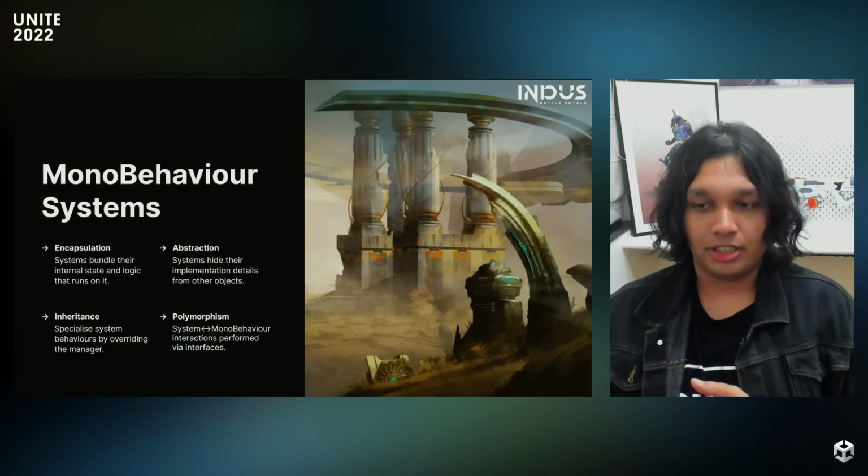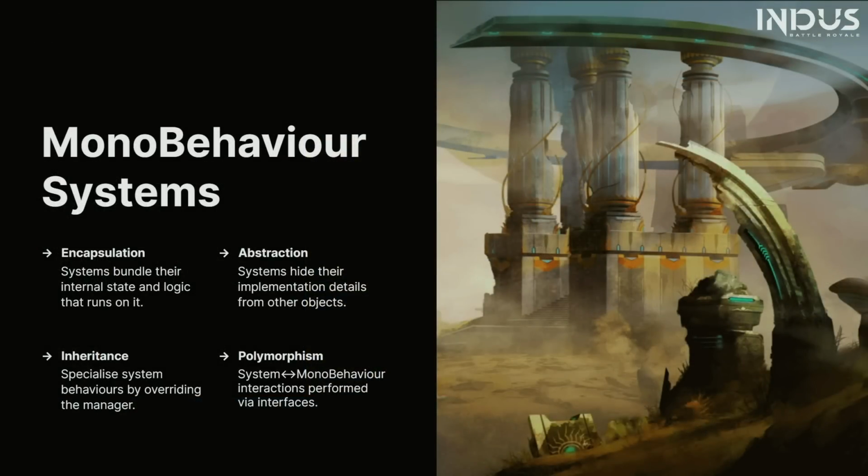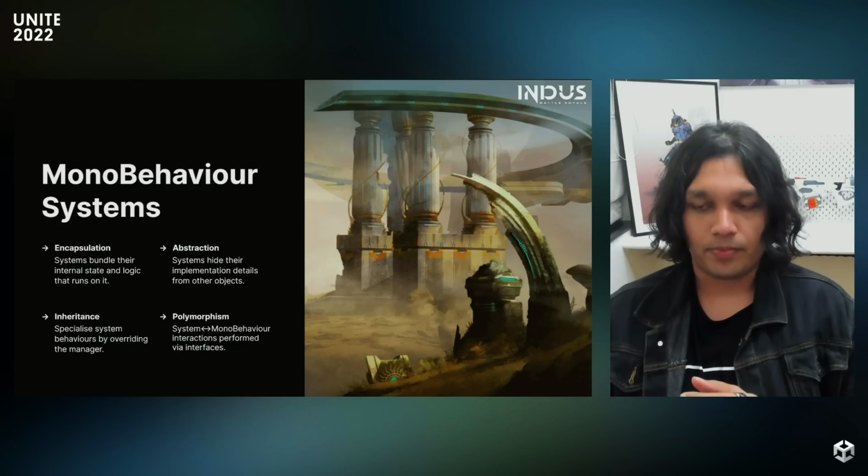And we practice all of these pillars of object-oriented programming: encapsulation, abstraction, inheritance, and polymorphism. What this means is that while data-oriented design has a lot of criticisms for object-oriented programming, the incompatibility there is merely perceived, and you can use both of them in unison. You can use GameObjects and DOTS in unison.